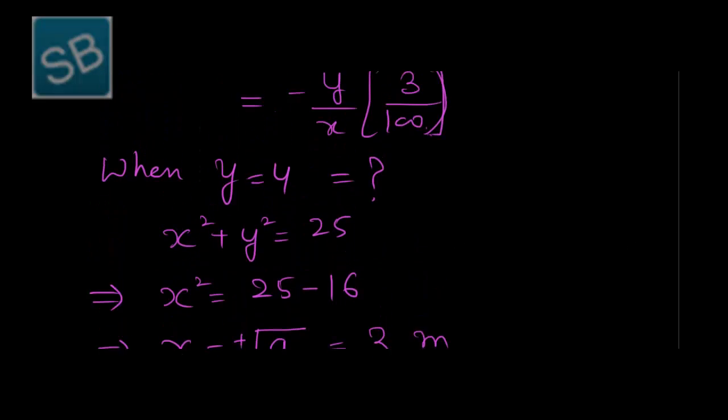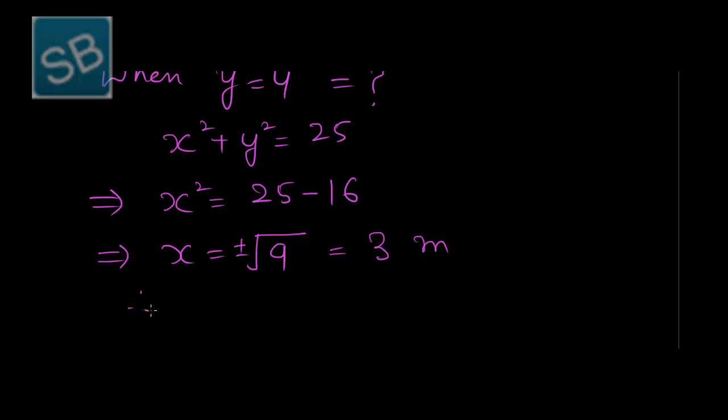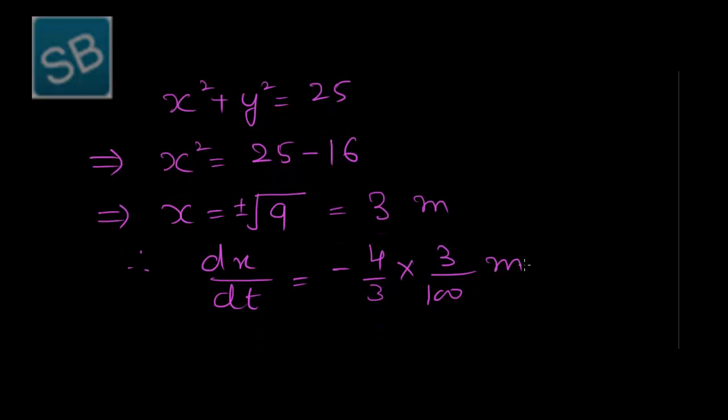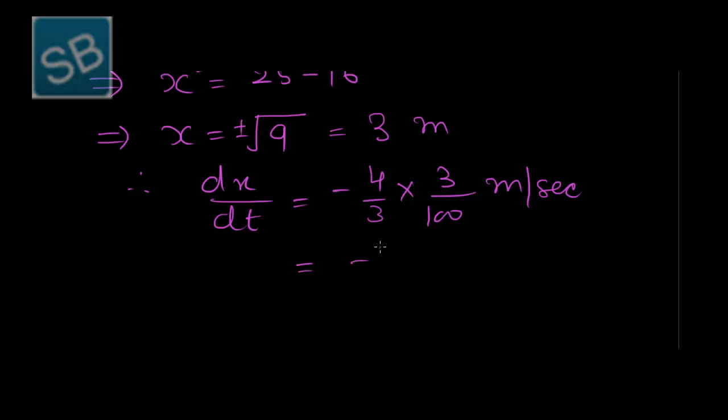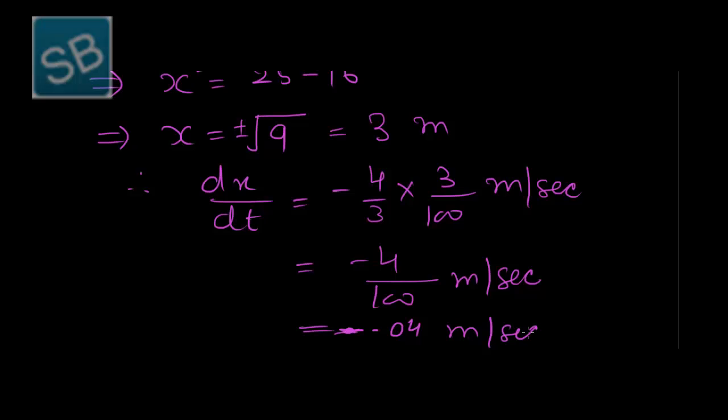So dx over dt is equal to minus 4 over 3 into 3 over 100 meter per second. That is, we get minus 4 over 100 meter per second, that is minus 0.04 meter per second.